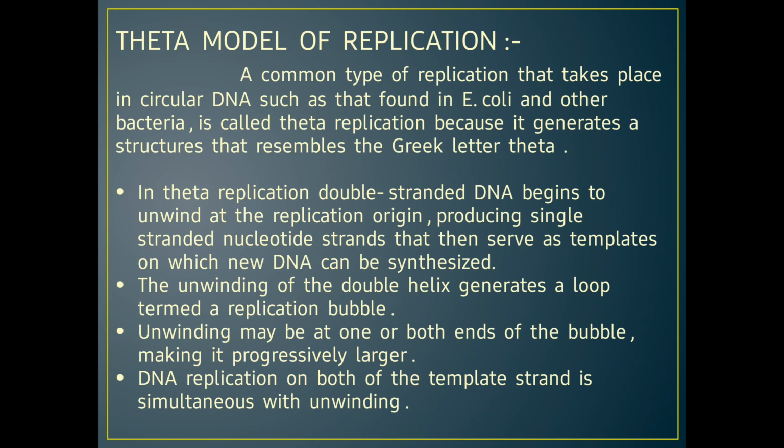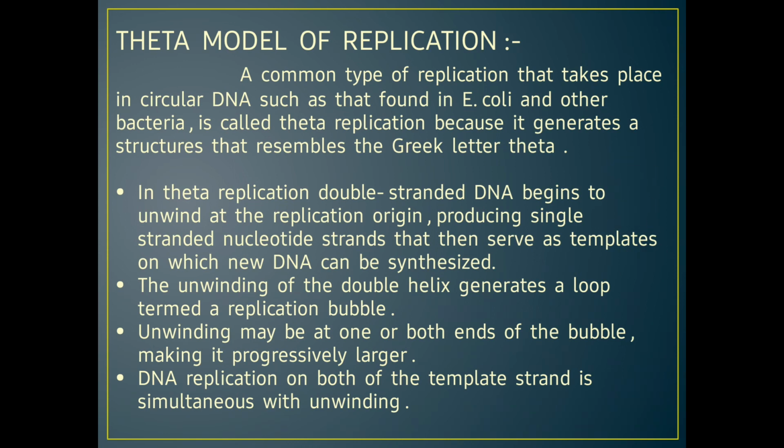We call it theta replication because it generates a structure resembling the Greek letter theta. We know how we write theta, right? We used to write the Greek letter theta like this. As the replication process occurs here, it resembles the Greek letter theta, so we can say it is theta replication.